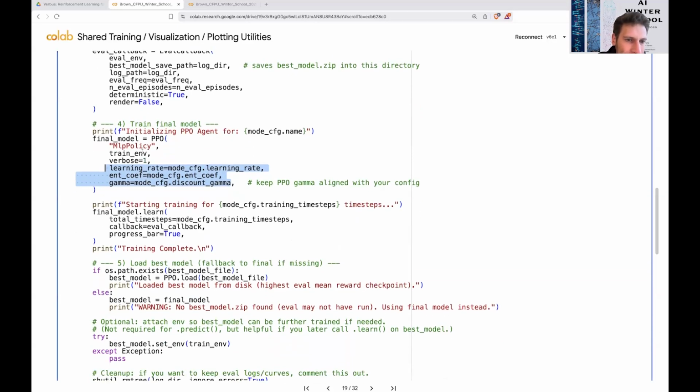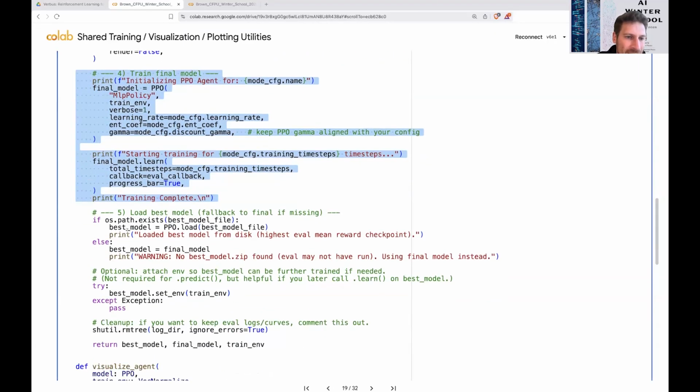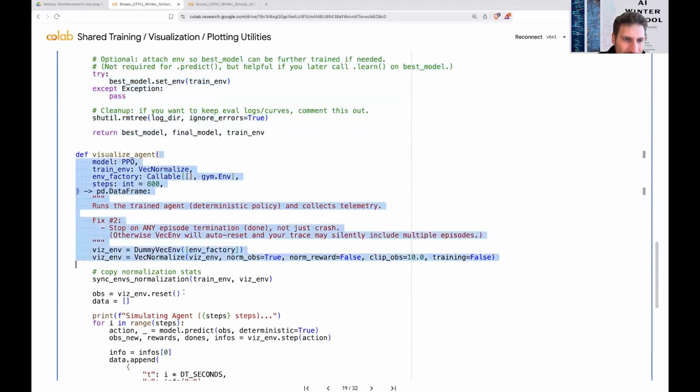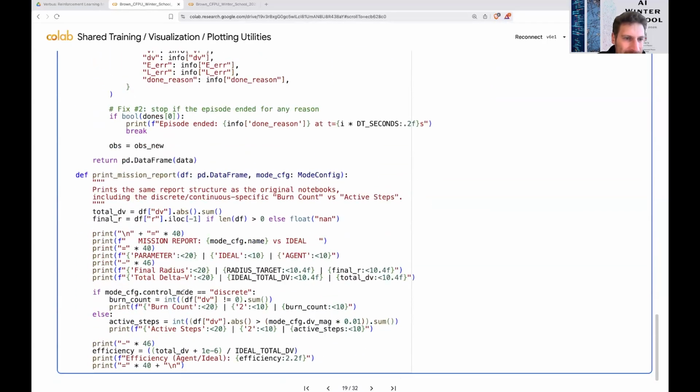The training itself is very simple. You just pass it in and use this off-the-shelf library. And then we're going to load the best model and do some visualization based on this. And then we'll also print some text output for the final mission report. And that'll include a comparison to the ideal, which we calculated analytically, of course.